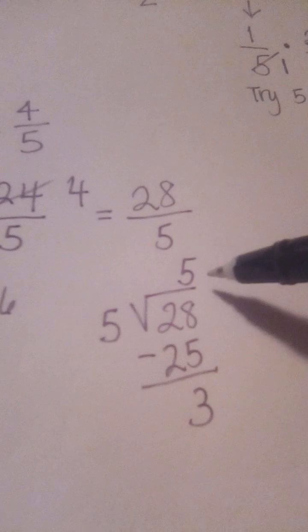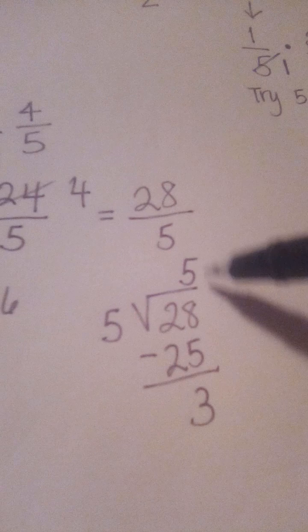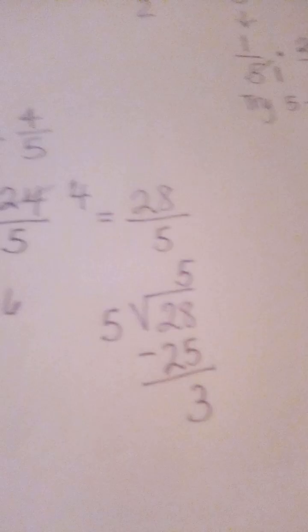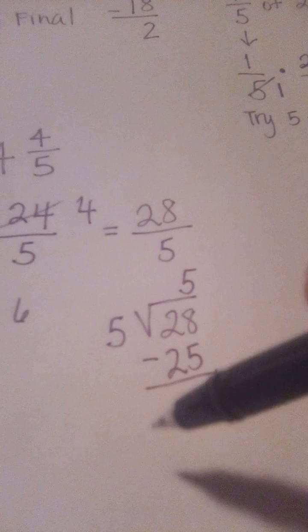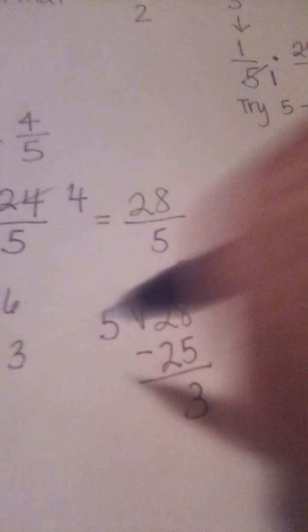The 5 as our whole number goes first. What next? The 3, right, as our numerator. And our denominator is 5. That's our final answer.